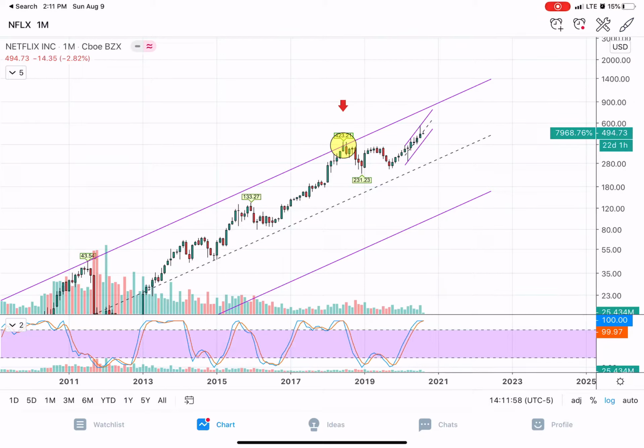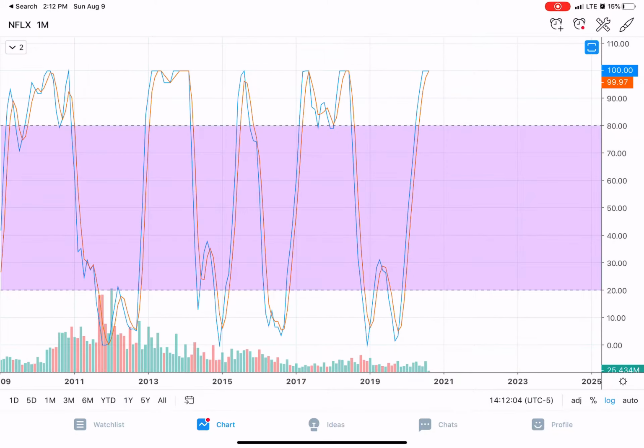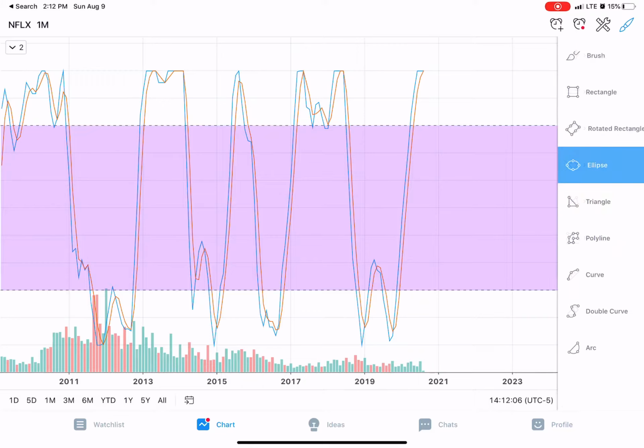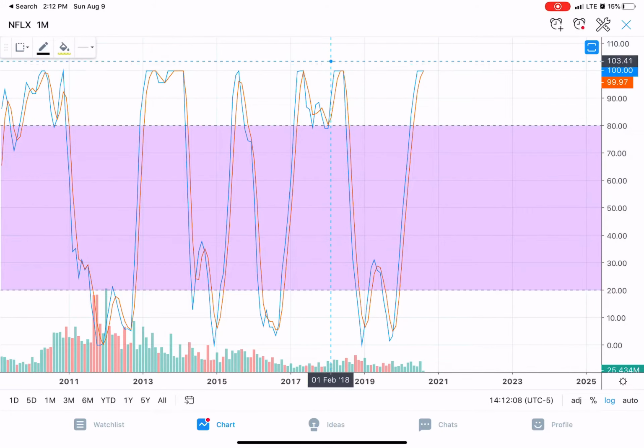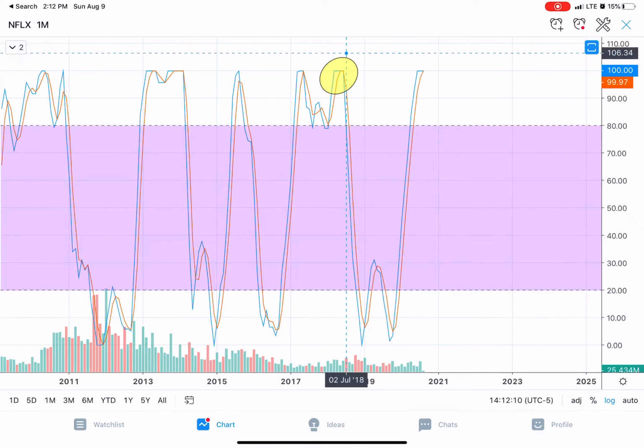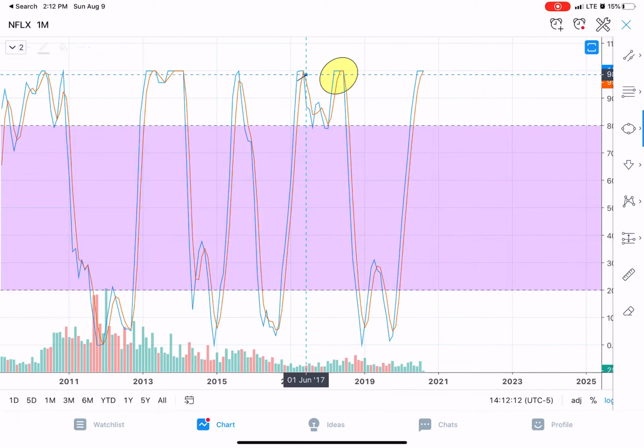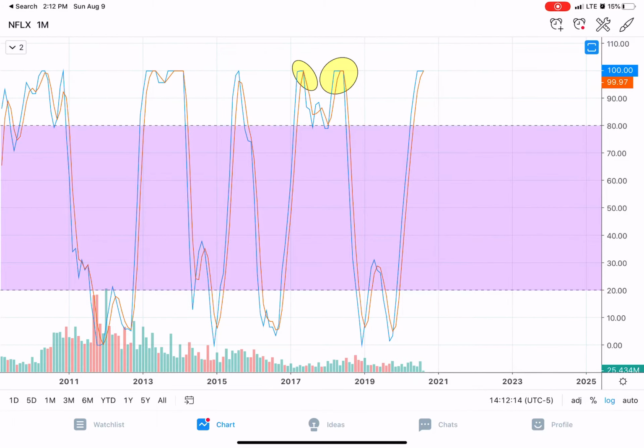I like to use only the RSI or stochastic RSI, which is pretty helpful. But you get all these sell signals, right? So obviously you get a sell signal in overbought levels. You get all these sell signals, right?